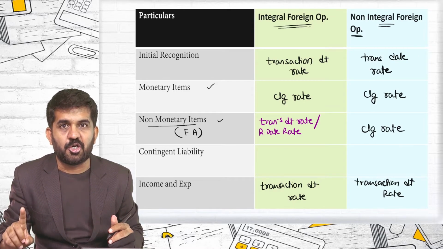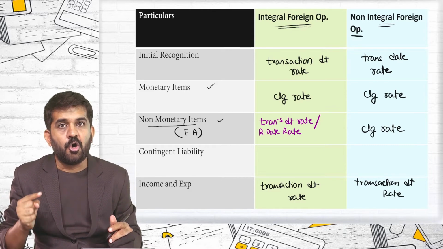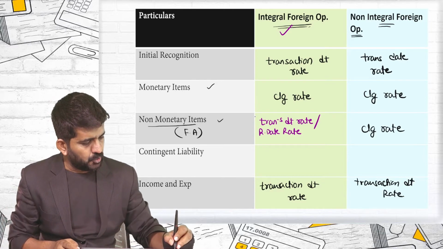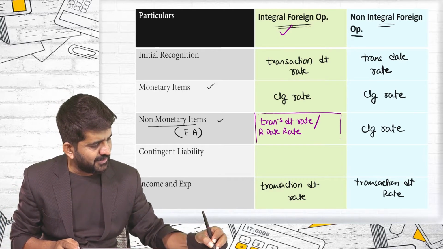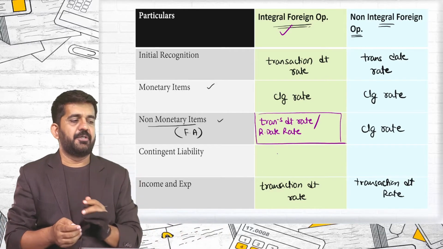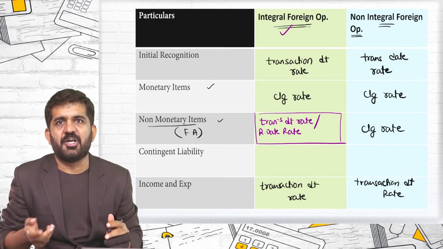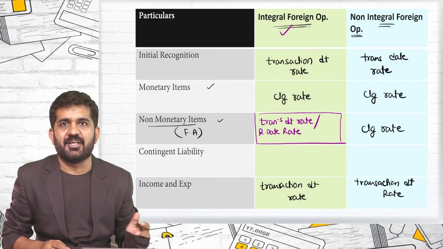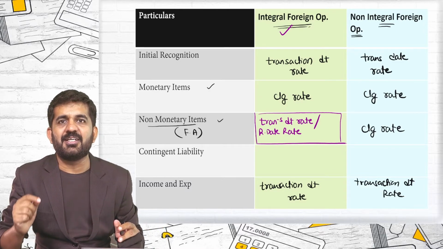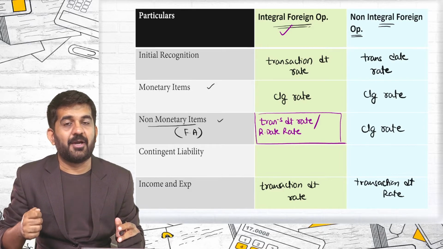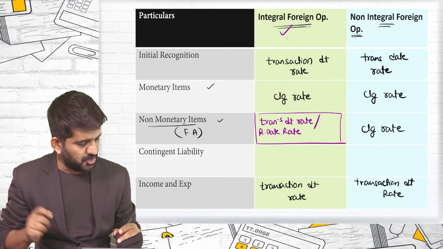Closing rate will not be used, in the case of non-monetary items in integral foreign operations. I changed the color because the difference is only over here. You need to differentiate between monetary, non-monetary, integral, and non-integral. Just because of integral foreign operations, non-monetary items are converted at the transaction rate.